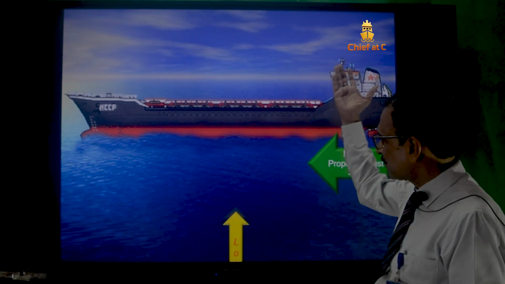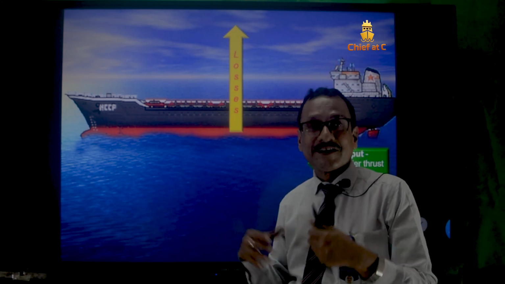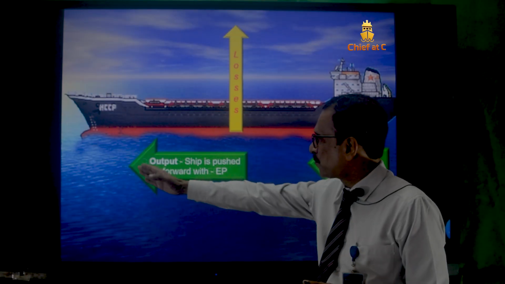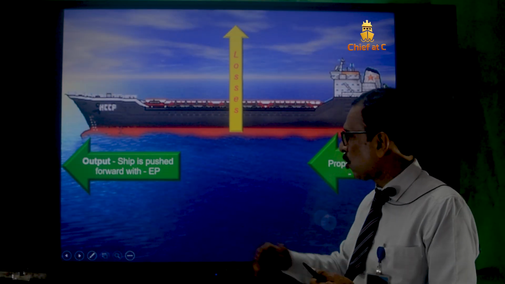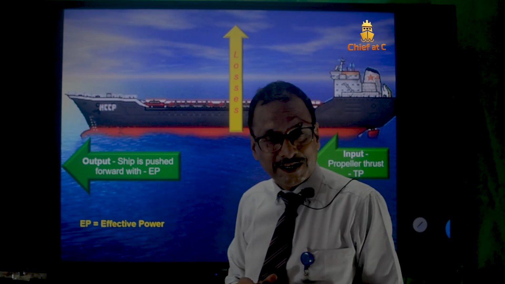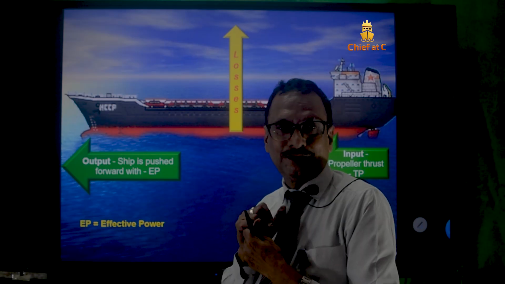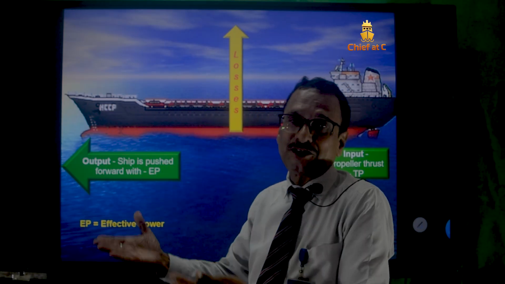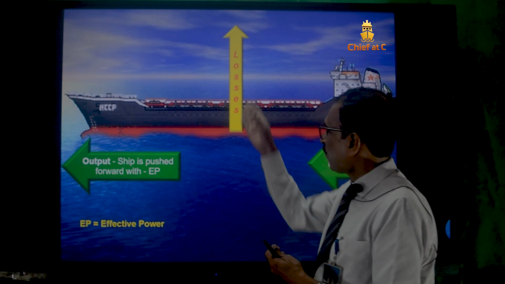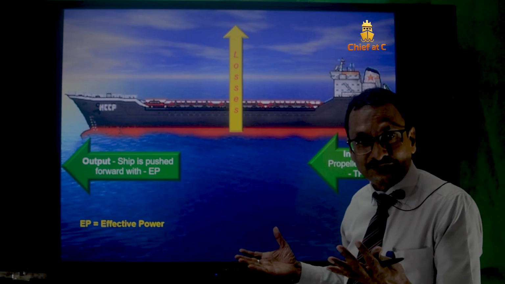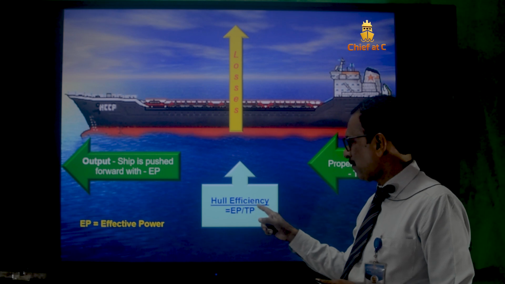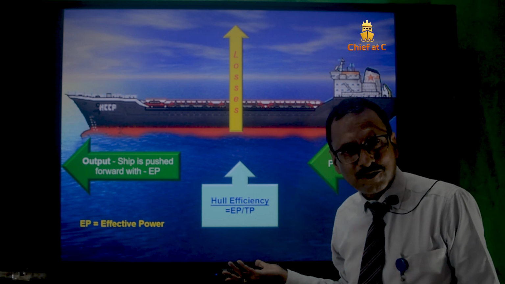The hull will have its losses, frictional losses, residuary frictional losses. And after that, the final output of the hull is the EP or the effective power. This effective power is the one which pushes the ship forward at the speed which we measure by the GPS or speed over ground. So what would be the hull efficiency? Yes, output by input. Output is effective power, input is thrust power.